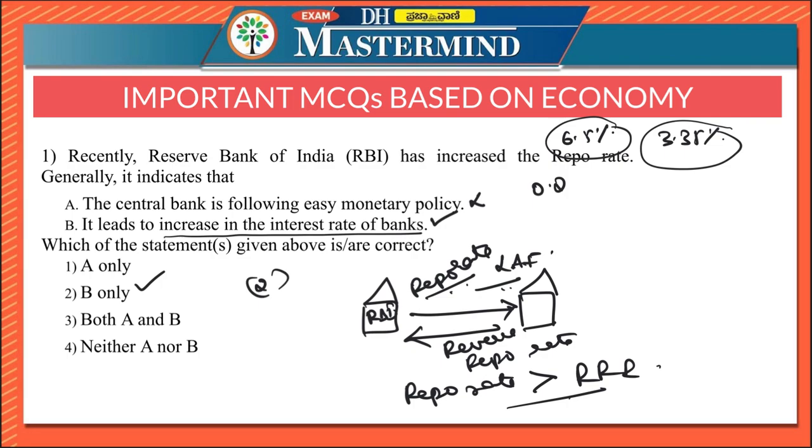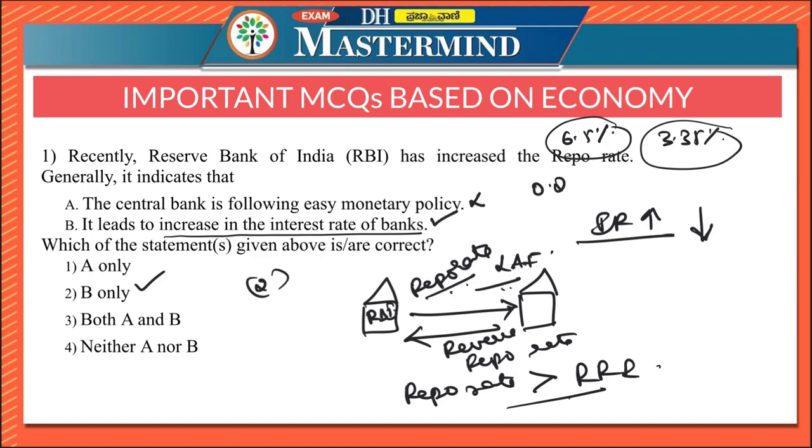When the interest rate charged by RBI increases, the interest rate at which the scheduled banks lend to customers will also increase. As the interest rate increases, people will start reducing their borrowing. This in turn will reduce the liquidity in the economy and demand in the market.